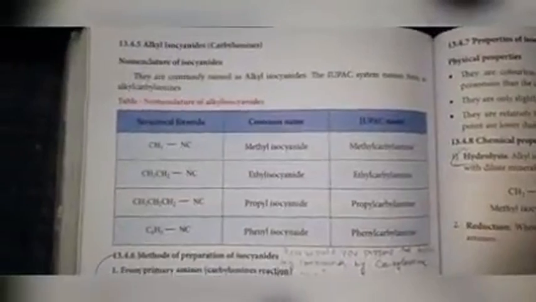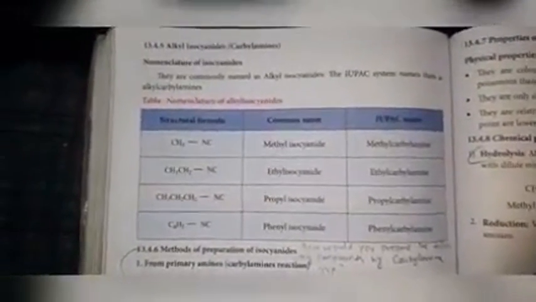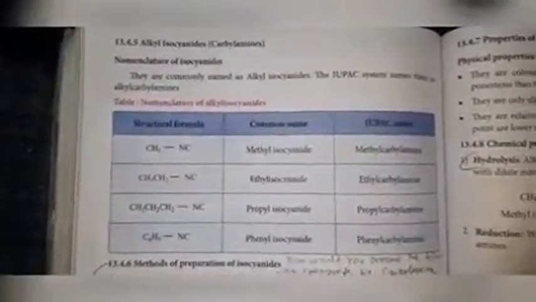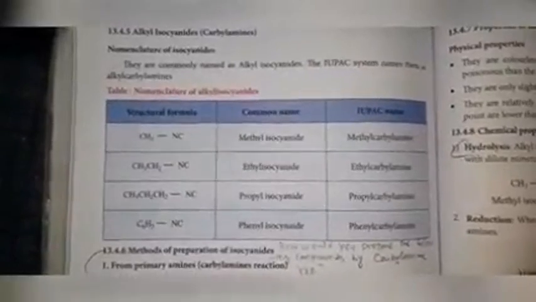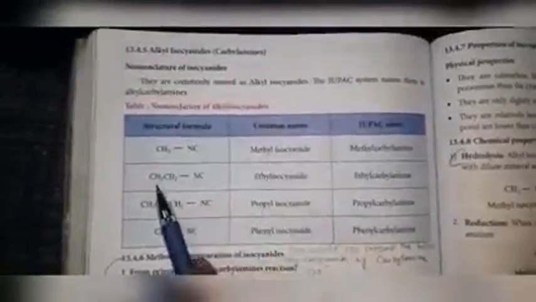Next topic, alkyl isocyanide. Otherwise it is called carbylamine. Nomenclature, that is naming. They are commonly named as alkyl isocyanide. Alkyl, where the methyl group is present. So, methyl isocyanide, ethyl isocyanide, propyl isocyanide, phenyl isocyanide.